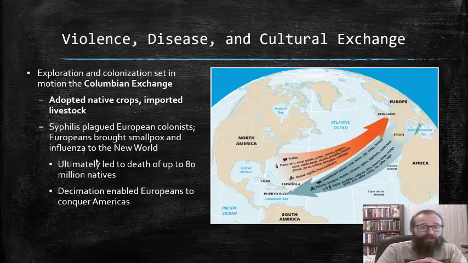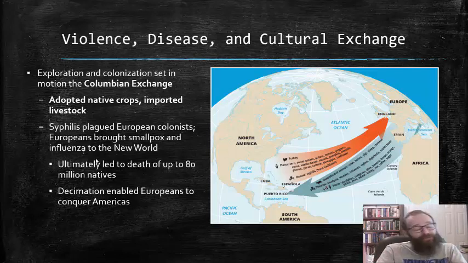Now, these diseases in particular were diseases that the natives of the Americas had no natural immunities to. They could not control these outbreaks, and this is one of those incidents of the law of unintended consequences at work. These diseases ultimately led to the death of, some say, up to 80 million natives.